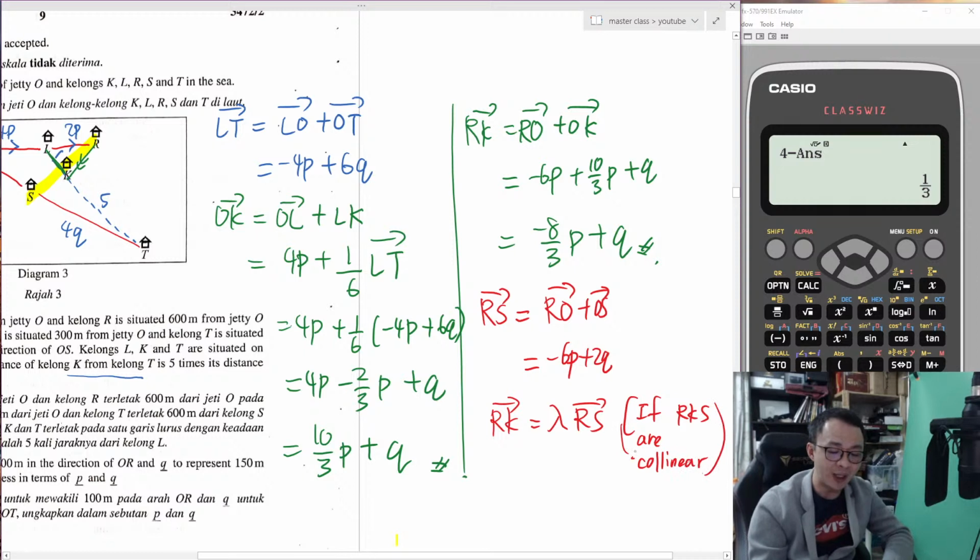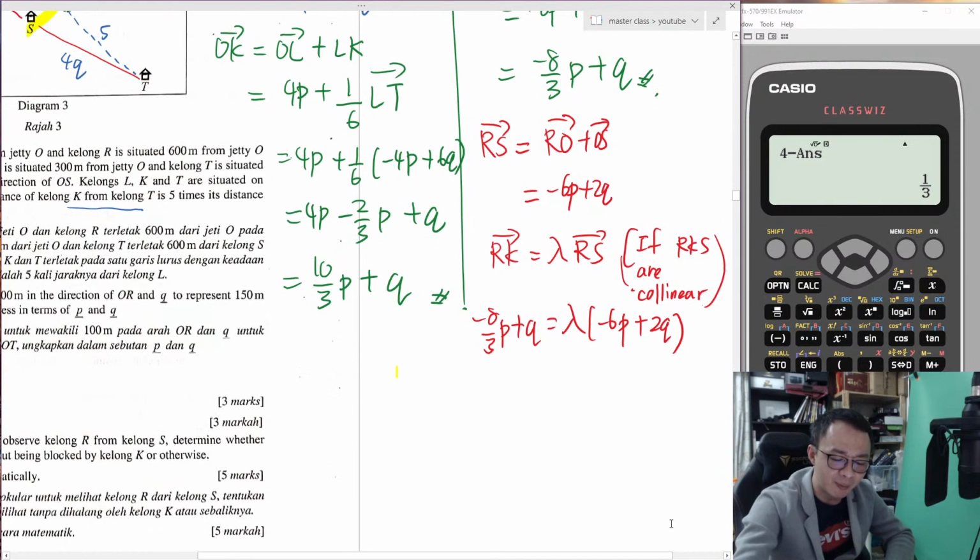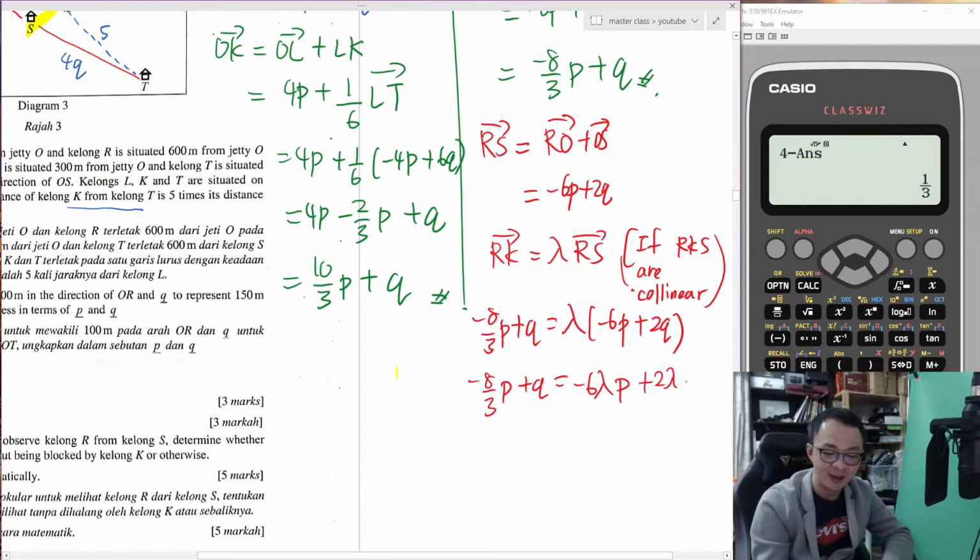Okay, so my RK is negative 8 over 3p plus q. My RS is negative 6p plus 2q. Then I will multiply my lambda into it. So it's negative 6 lambda p plus 2 lambda q.